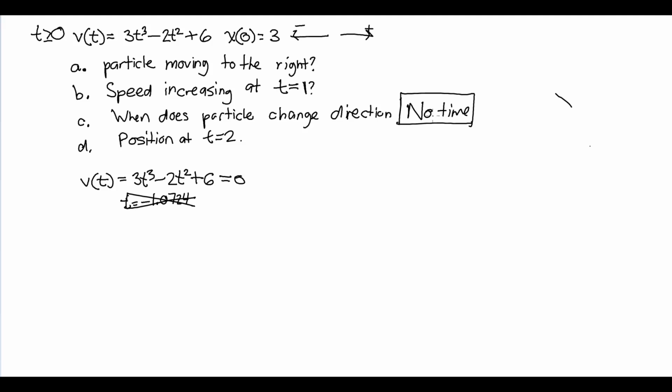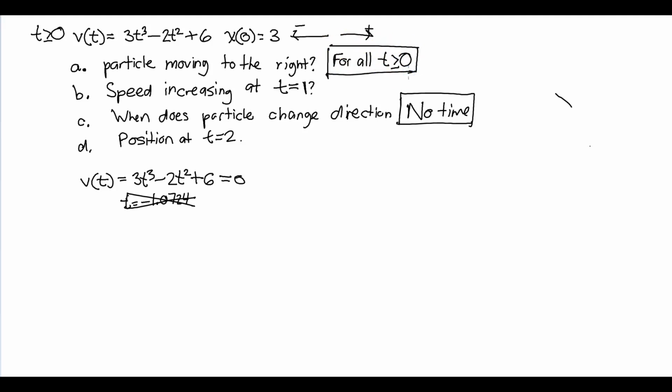If we test, we see that for t equals 0, it's positive. And since there are no zeros, it will never become negative. So for all t, we answered part A and C quite easily.